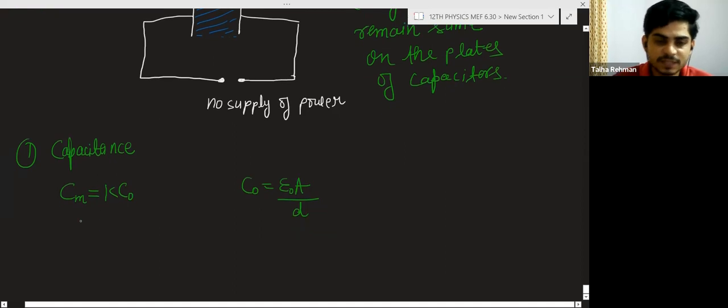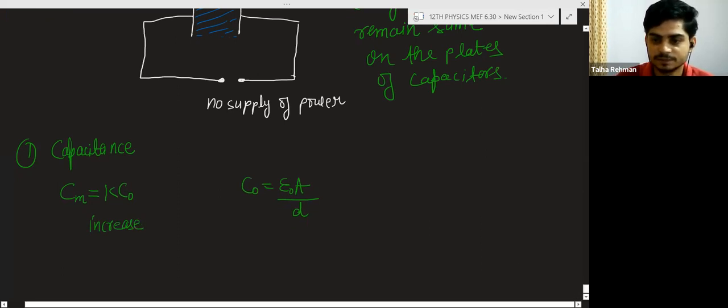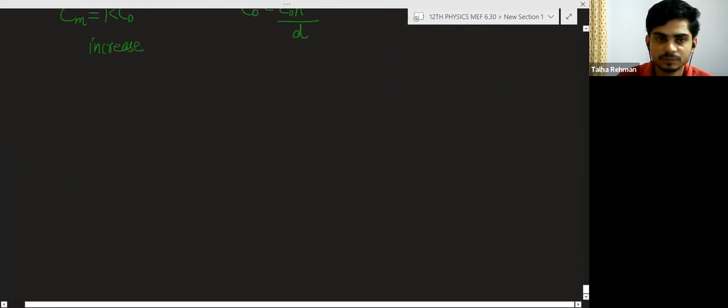So capacitance will increase. And now I want to calculate the voltage. Earlier the voltage was constant. Now we will see what will happen to the voltage.